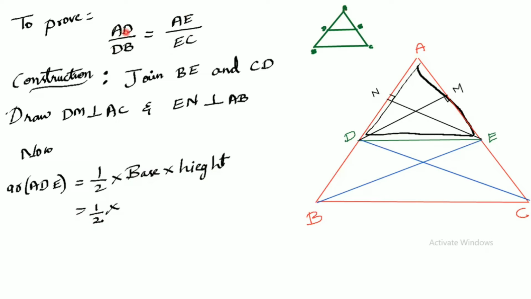We have to prove something, so I'm trying to get AD. So AD is the base, and this 90-degree line will be the height. Half into base into height: half into AD into EN. Let us write it as equation 1.